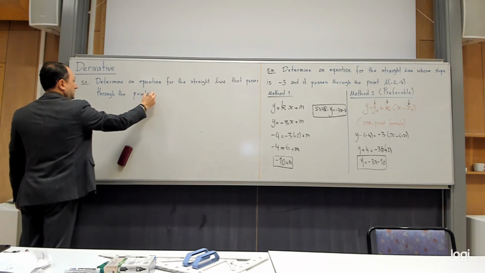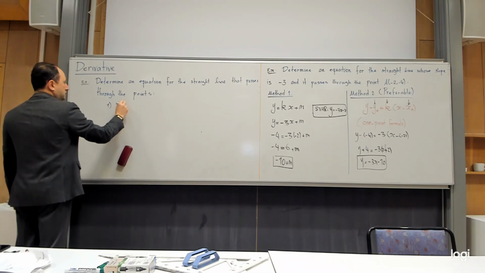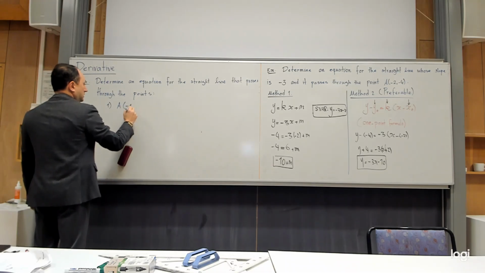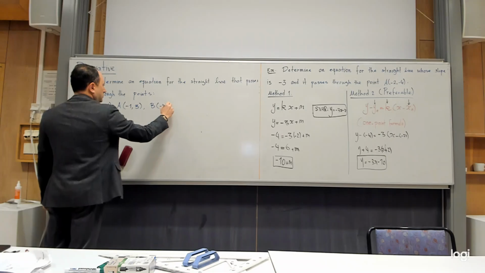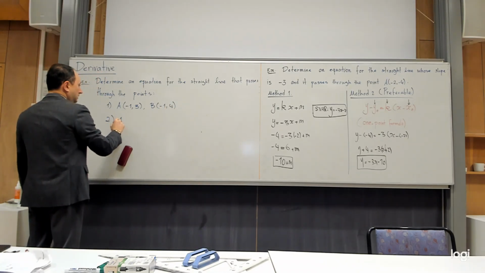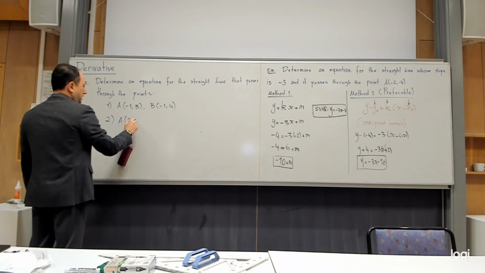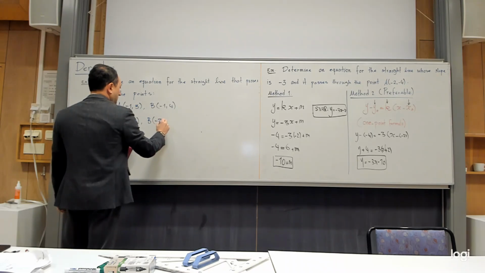Okay, let me give two examples here. Part 1, 2 points, let me call them A: -1 and 3, and B: -1 and 4. Part 2, A: 2 and 3, B: -3 and -5.